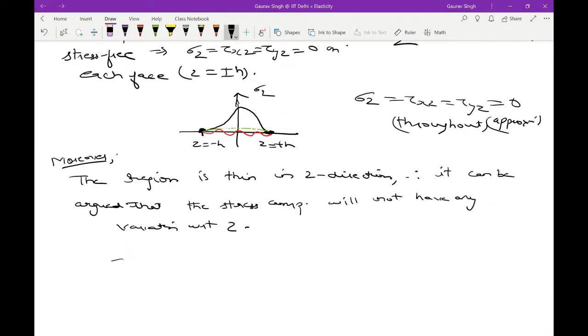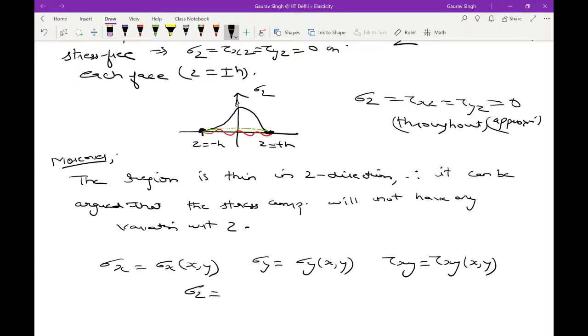So that gives us that sigma x should be a function of x, y only, sigma y should be a function of x, y only, tau xy will be tau xy of x comma y, and sigma z is equal to tau xz is equal to tau yz equal to 0. Okay, so once this is taken care of, let's try to write.